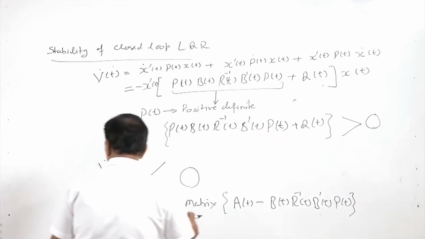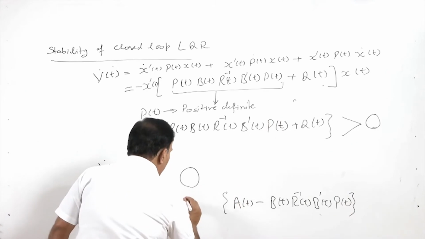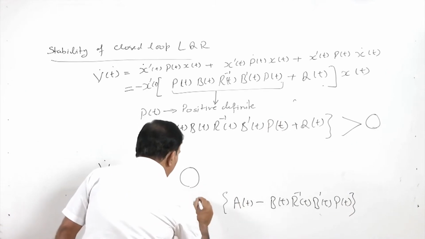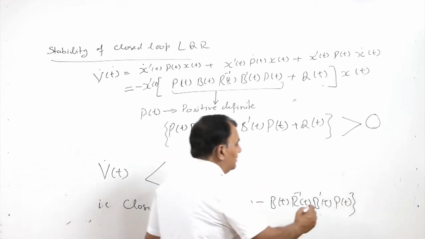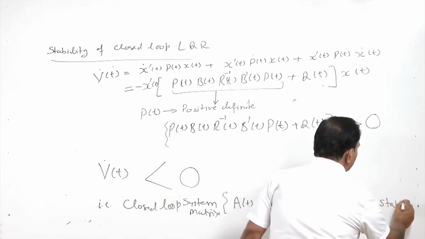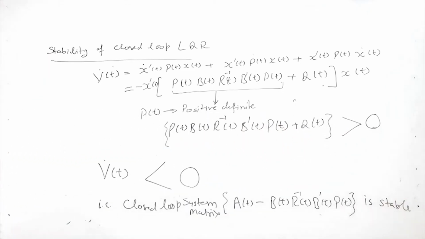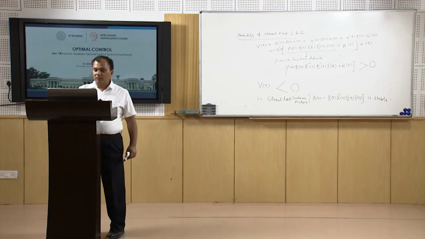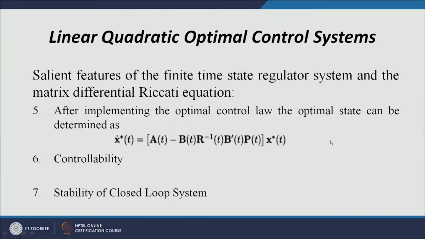So, I can say this is my closed loop system matrix, which is stable. So, as we are saying, my closed loop matrix will be a stable matrix.